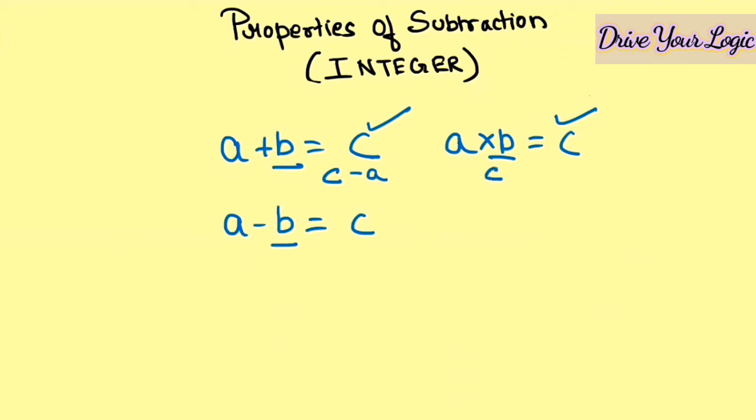And here, C is greater than A because the resultant is greater. Whereas in subtraction and in division, it is just opposite. The resultant is not greater. C is not greater. A is greater, because in subtraction, of course, this number has to be greater, right?